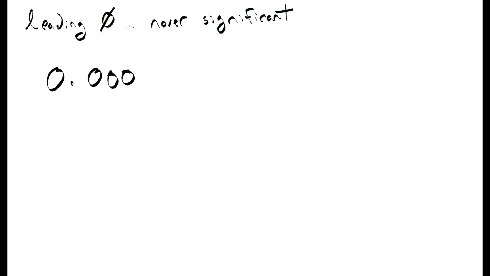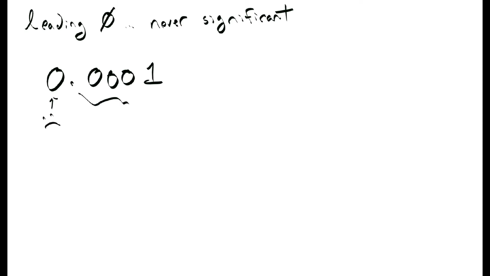Next up, we have leading zeros. They are never significant. So 0.0001. Well, this 0 over here on the left comes before the decimal place. It's not significant.